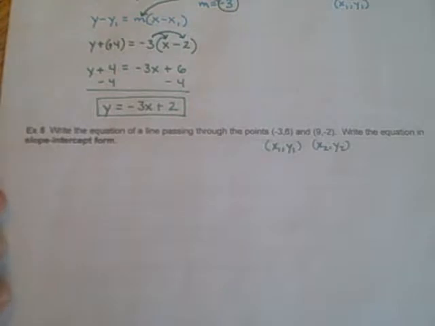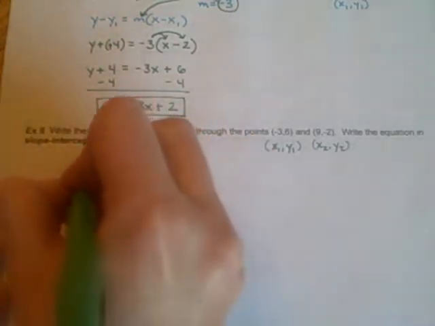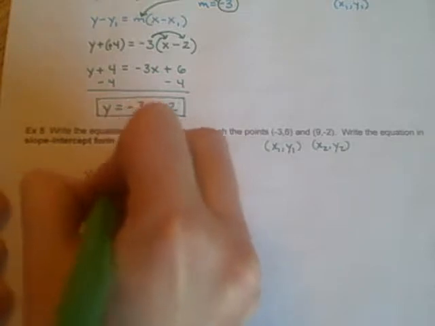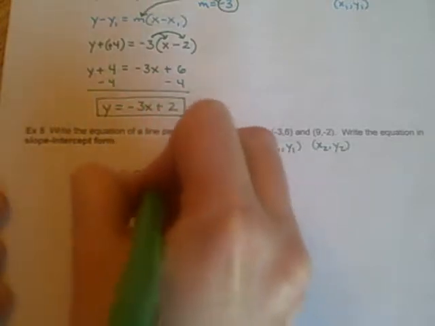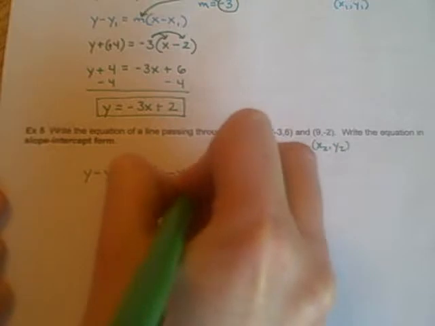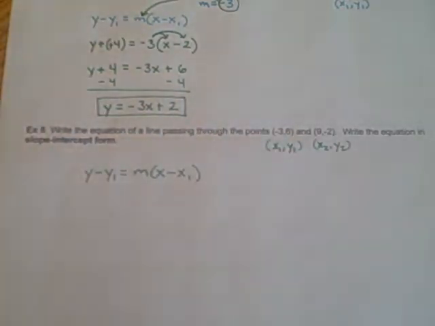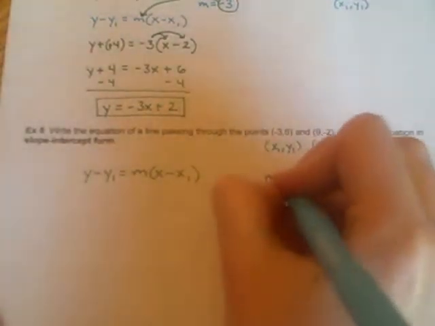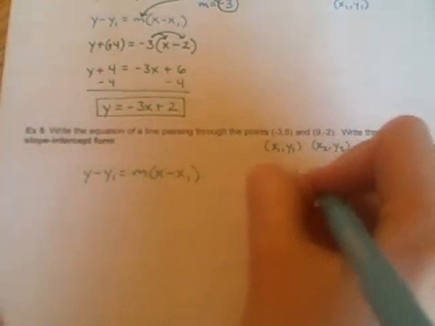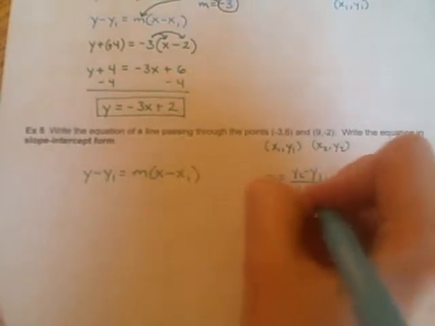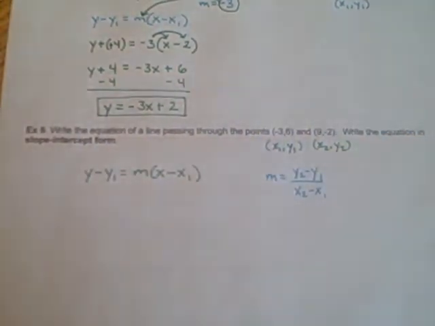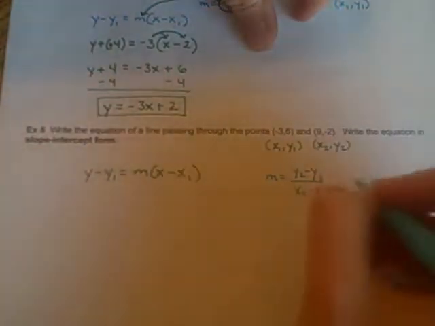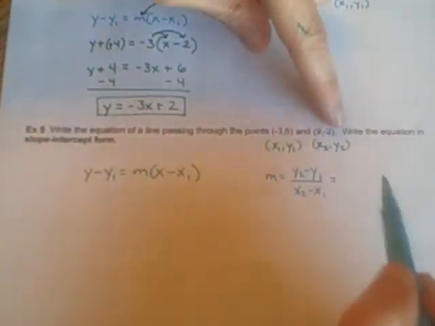All right, so now we have 2 points, no slope. Our form is y minus y1 equals m times x minus x1. So we don't have a slope, but we know how to calculate slope from 2 points. Our formula was y2 minus y1 over x2 minus x1. So we're using what we already learned here. So let's go ahead and plug that in and find slope.